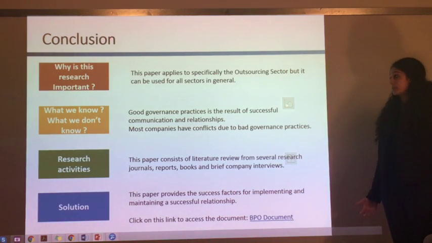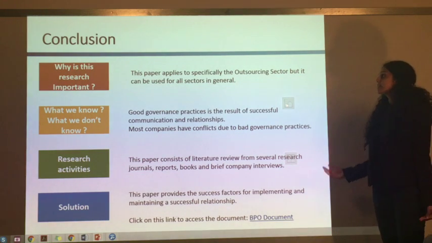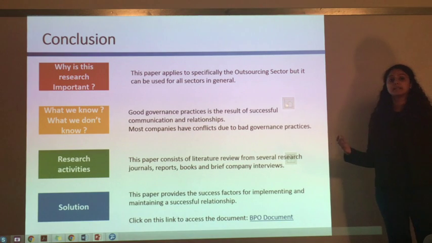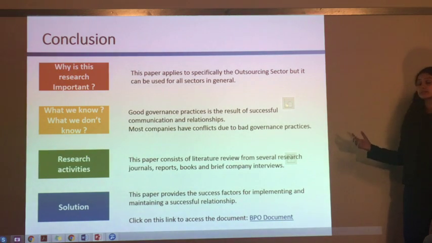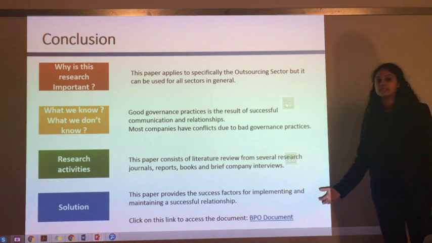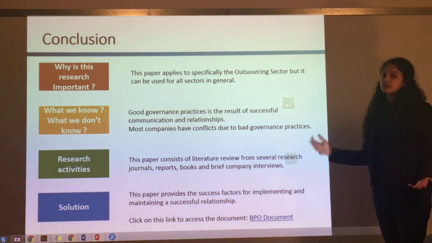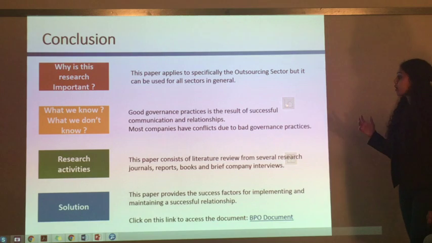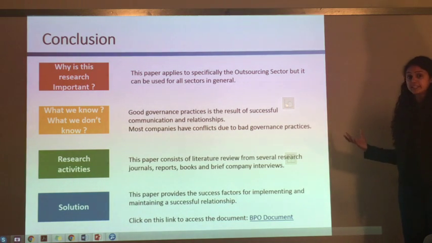Why was this research important? When we started this paper, we were specific about the outsourcing sector, but in general, this research can be used for all businesses as it can be looked through in a general framework. What do we know and what do we not know about governance?